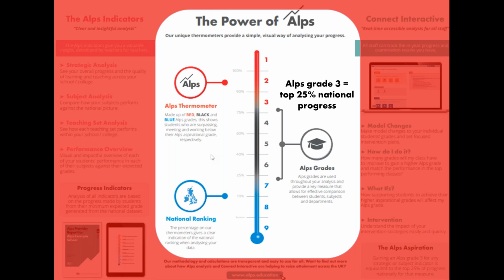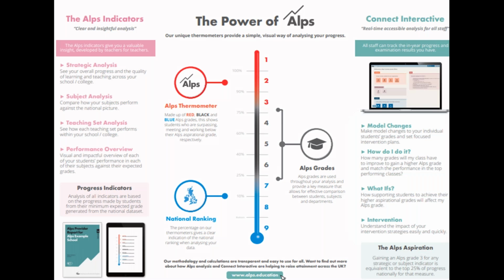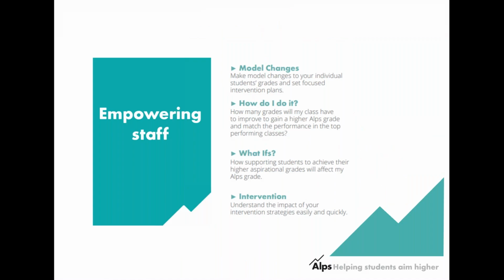So what can I do? I'm going to show you today some of these little tools. We're going to look at modelling, and we're going to ask some questions: I've got these Alps grades for my subjects, how do I move my subjects up the thermometer? How many student grades is it going to take? Or I could look at it a slightly different way and say, if I move student A, student B, and student C, what's the impact going to be on my teaching or my subject thermometers?